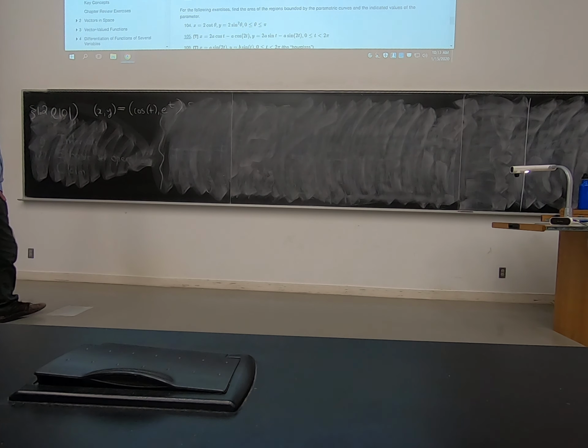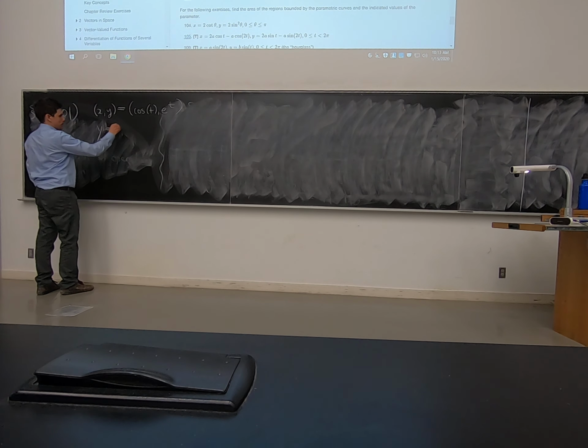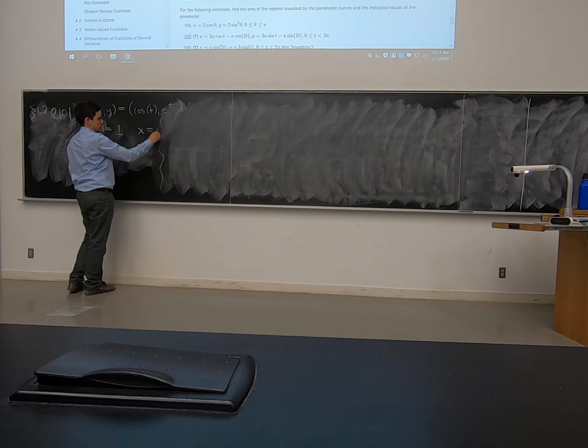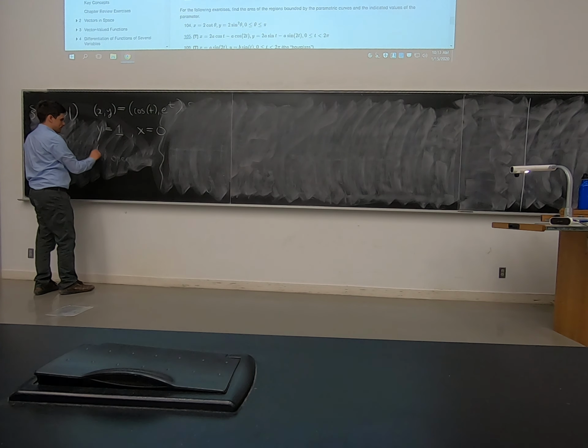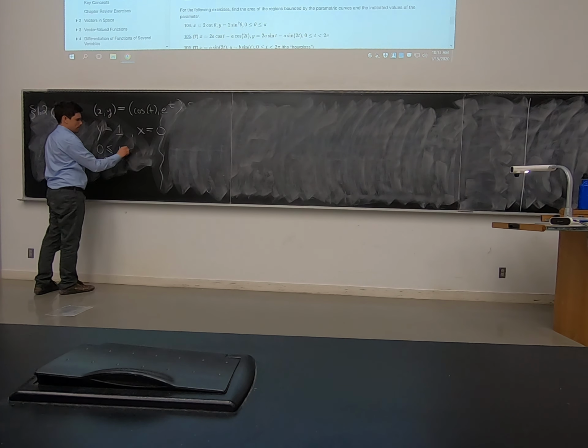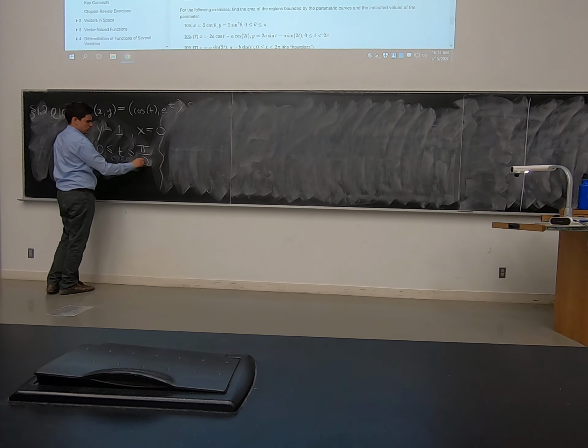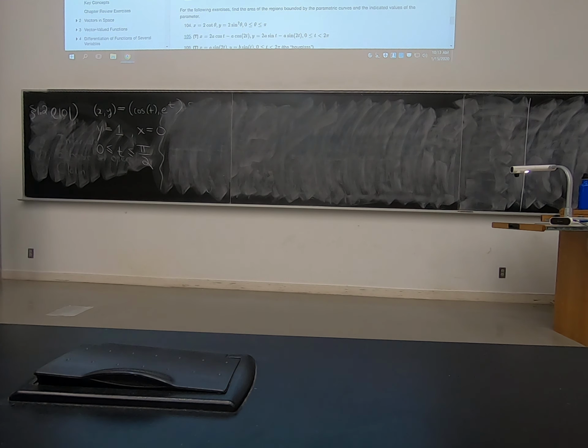We've got y is 1 and x is 0. And then we've got that t goes from 0 to pi by 2. Okay, so we want to find the area bounded by these things.